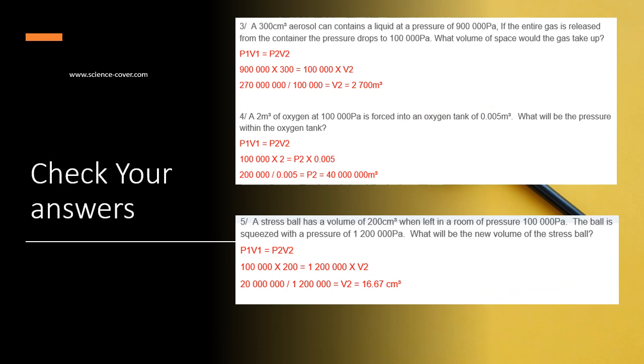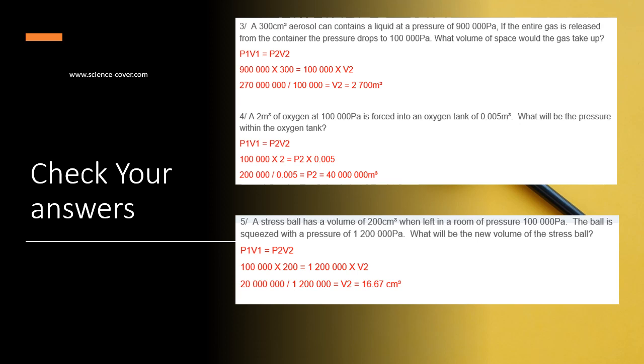A 300 centimeter cubed aerosol can contains a gas at a pressure of 900,000 pascals. If the entire gas is released from the container, the pressure drops to 100,000 pascals. What volume of space would the gas take up? So again we set up our equation P1V1 equals P2V2. We substitute in the values, so the pressure is 900,000 and the volume is 300 centimeters cubed before.